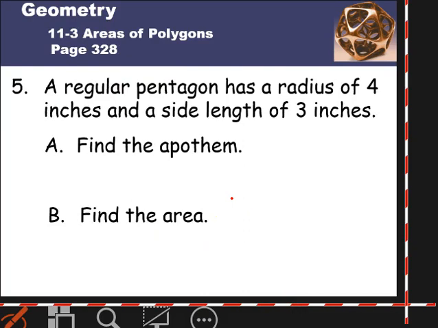Alright, and then the last one, this is on page 328. A regular pentagon has a radius of 4 and a side length of 3. So if I were to draw a pentagon, that looks like a house that's wide. So there's a pentagon, and we know it's got a side length of 3 and a radius of 4.